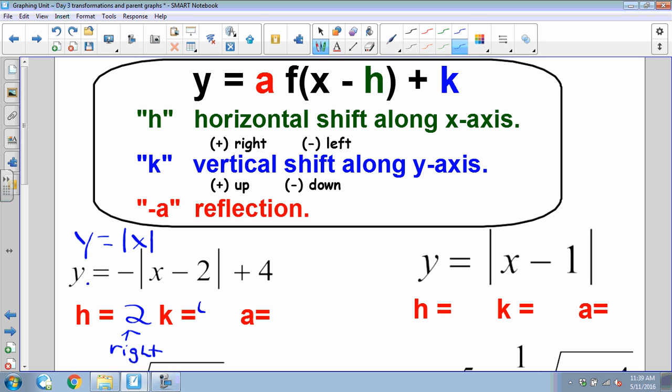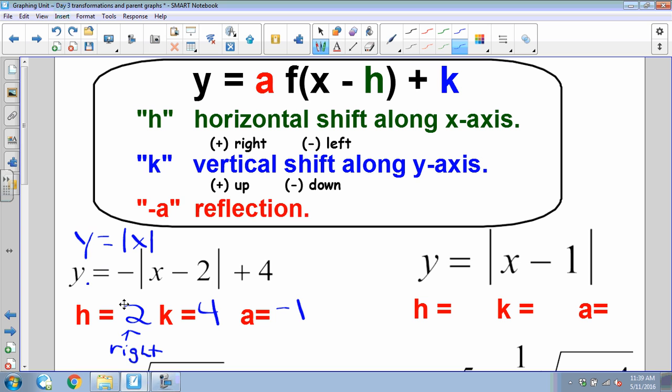Okay, what's K? 4. That's your vertical shift. That moved it 4 units where? Up. That moved it 4 units up. So we went 2 units to the right and 4 units up. Okay? What's A? Negative 1. I don't really care what the number is. I just care that it's negative. Absolute value started off like this.